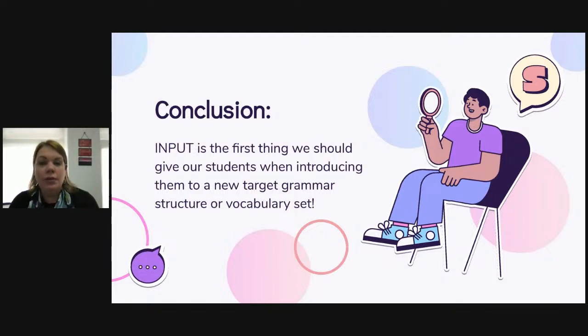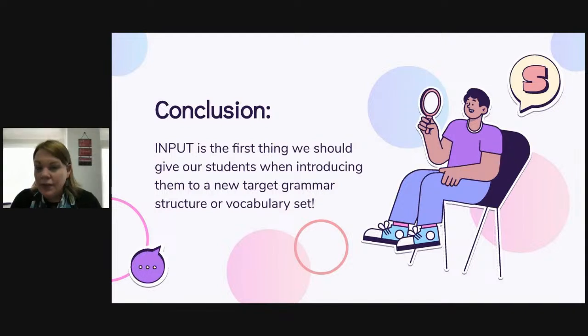Then on Thursday, try to start getting them to produce the structure, but not before then. We are always in a hurry to make students produce the structure before they have the adequate representation in their linguistic system to be able to produce something meaningful.